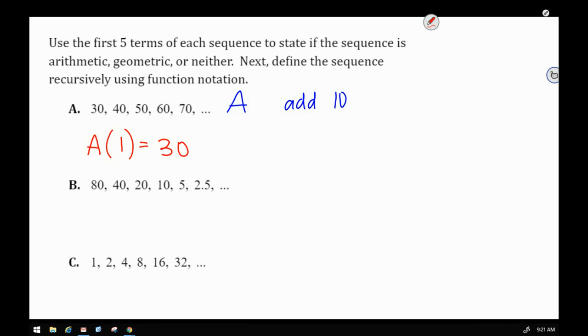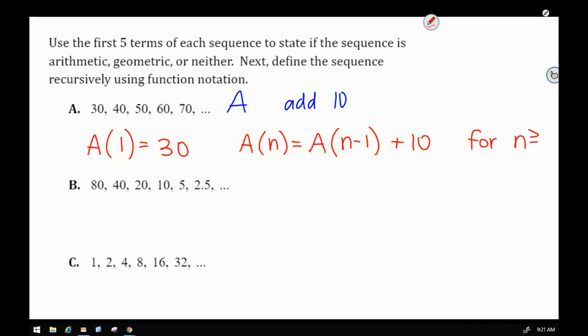Okay, to get any new step, you have to take the one before it. So find any step A of n. You have to find A of n minus 1, or the previous one, and add 10 to it, for n greater than or equal to.